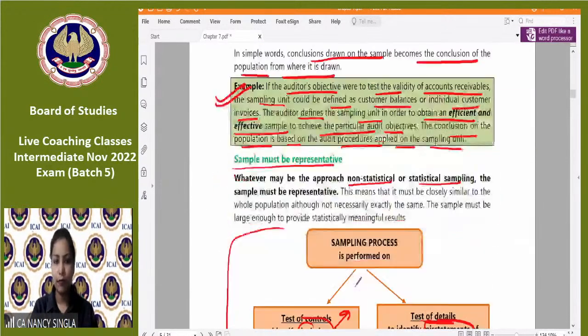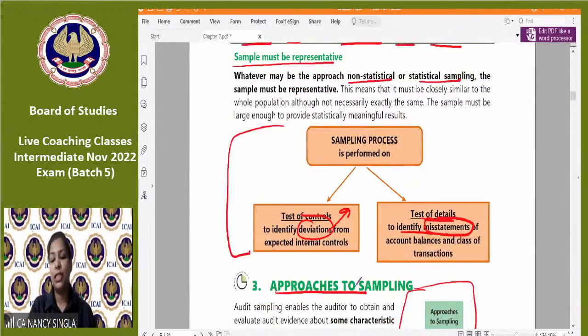Okay? Then we saw that the sampling process can be performed with test of controls also. And with test of control, we use the word deviation. If there is a mistake, then we call it a deviation from the expected internal control. And test of details is performed when the auditor is identifying the misstatement of account balances and class of transactions.